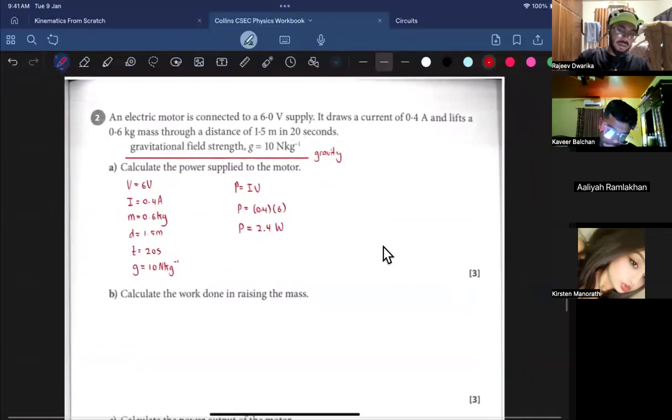Calculate the work done in raising the mass. Okay, we need to figure out the work done. Is there any formula for work done that you know? When we talk about work done, work done is another way of saying what?